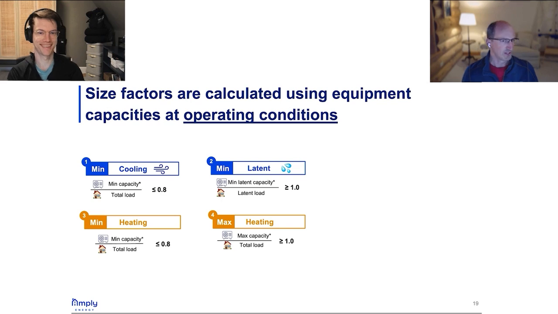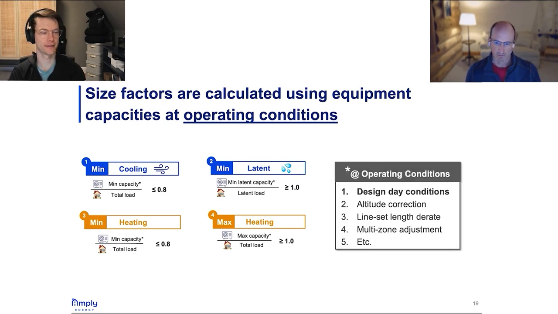Now, there's one little catch here. All of these capacity values that we're talking about for the equipment, Manual S is very clear these are at operating conditions, which should not be confused with design conditions.